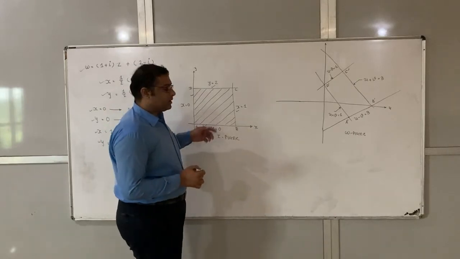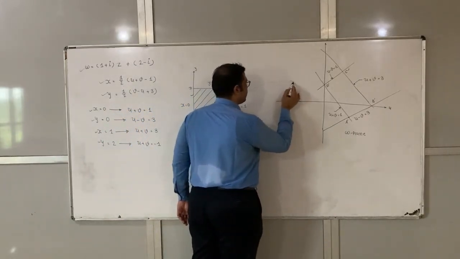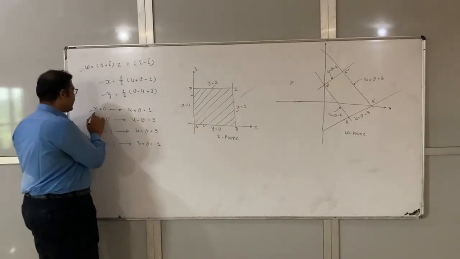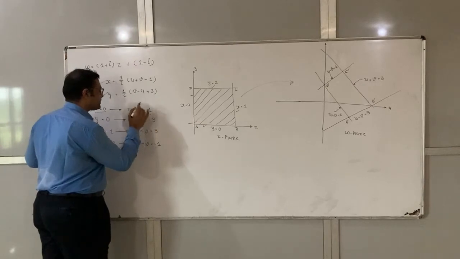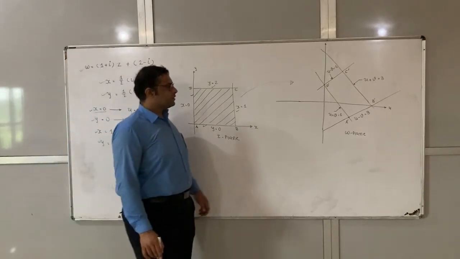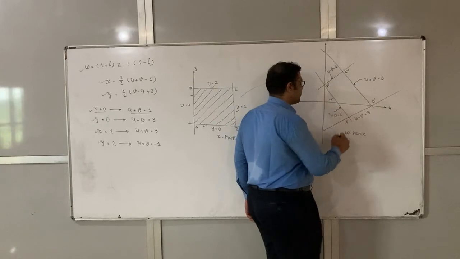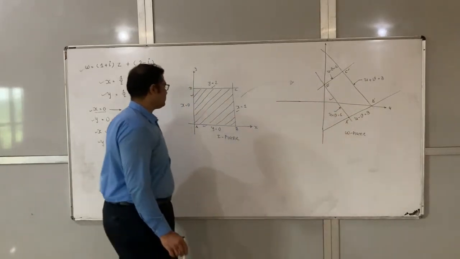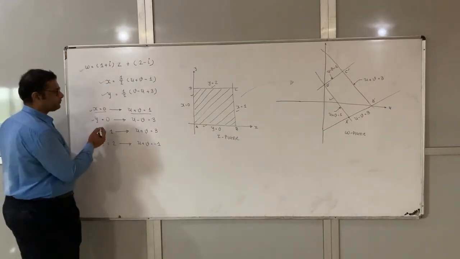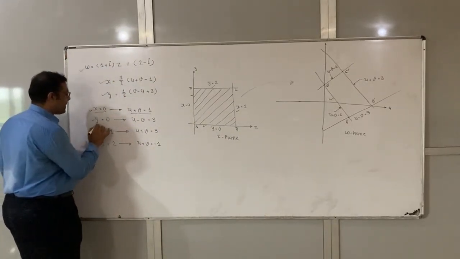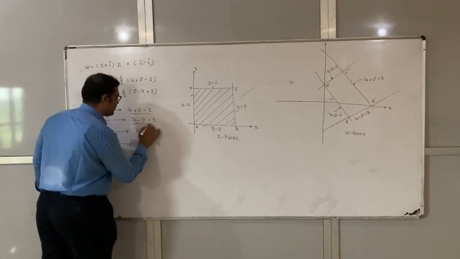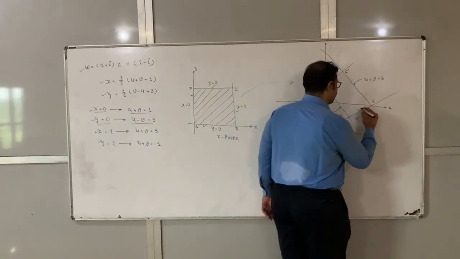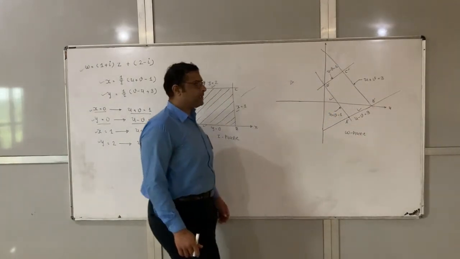Now we have to find the image of this region of the z plane in the w plane. The mapping of x is equal to 0 is u plus v is equal to 1, so the line is this u plus v is equal to 1. The second mapping is y is equal to 0, which maps to u minus v is equal to 3, so this is the line representing u minus v is equal to 3.